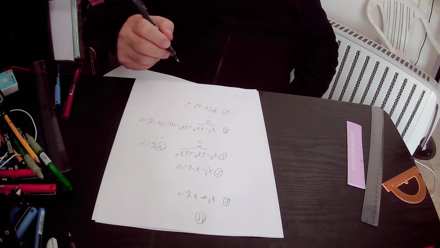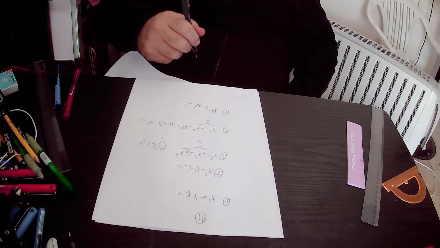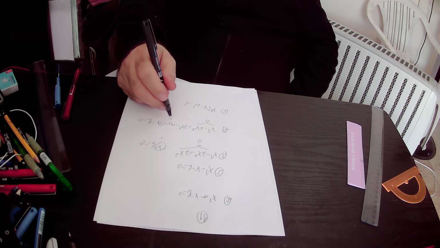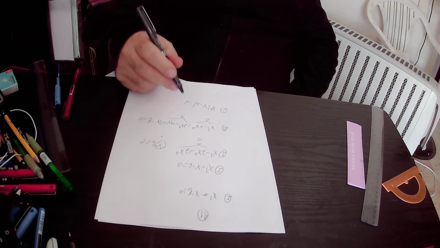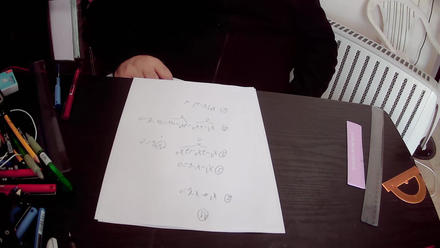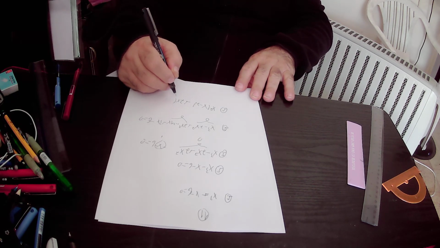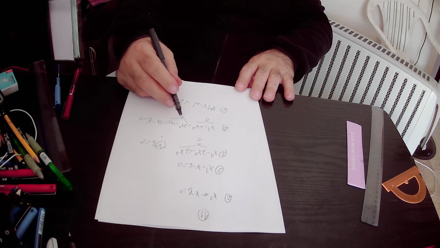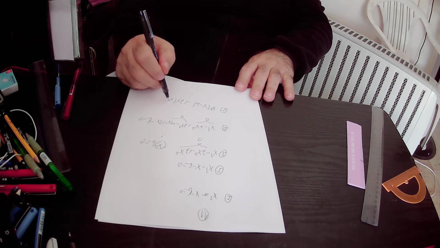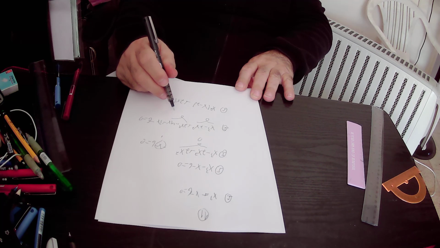Plus, we will take a common factor of those two expressions. We will take a common factor of 2x, and inside the brackets we will have x, and what is left here, if you took 2x as a common factor, is minus 2.